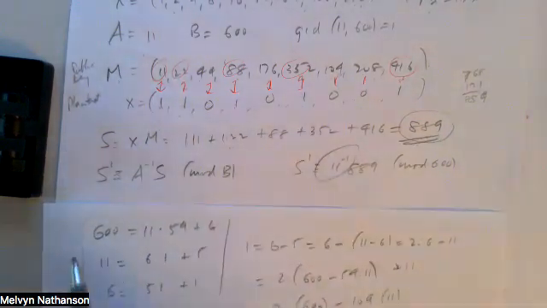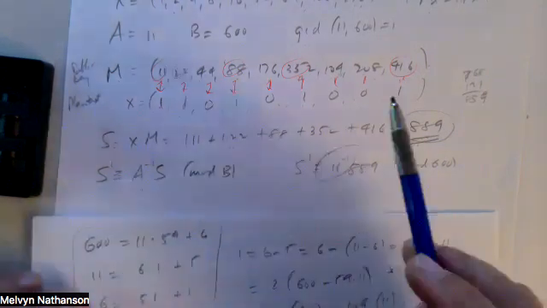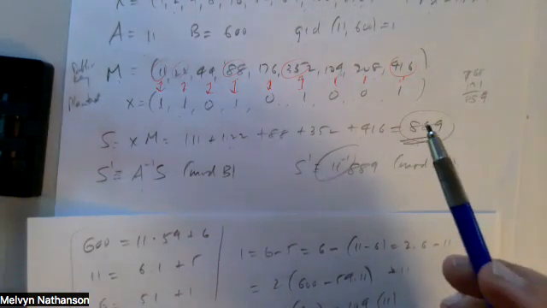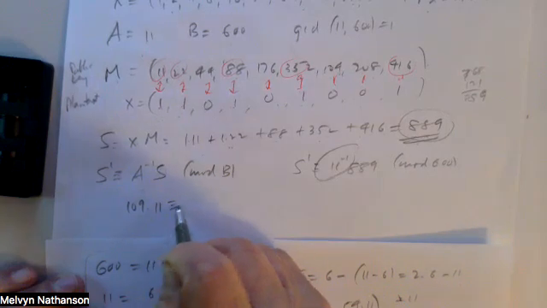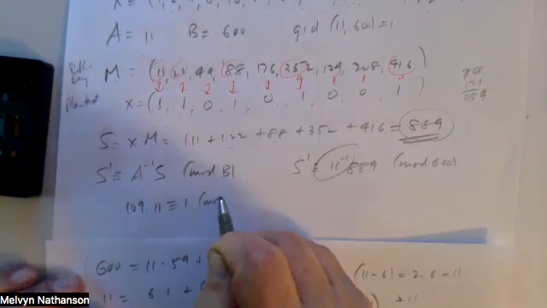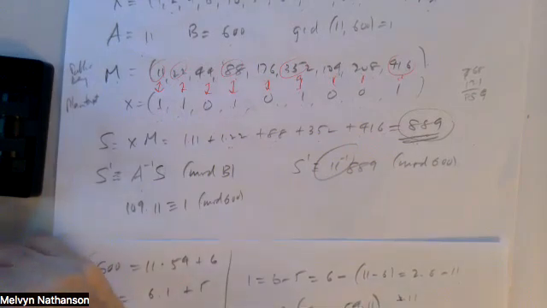And then if I calculated things correctly, 11 inverse mod 600 is the number 109. That is, 109 times 11 is congruent to 1 mod 600. 109, 109, 1199, 11.